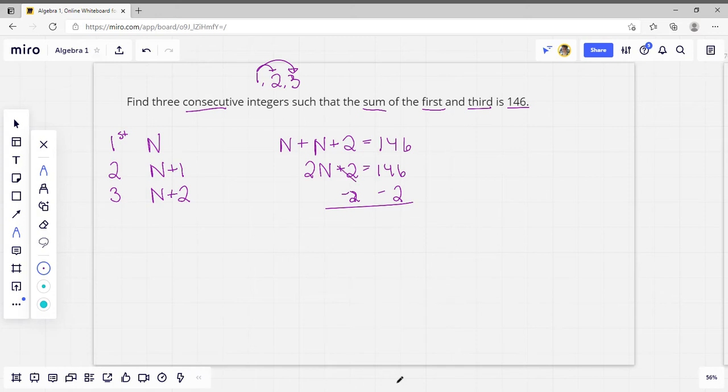Alright, so we're going to be left with 2n equals 144. And then we just divide by 2. And we're going to get n equals, see, half of 14 would be 7, so it's 72.